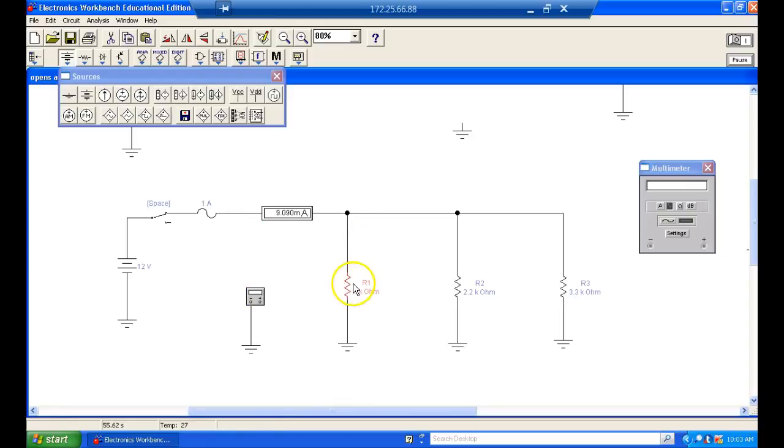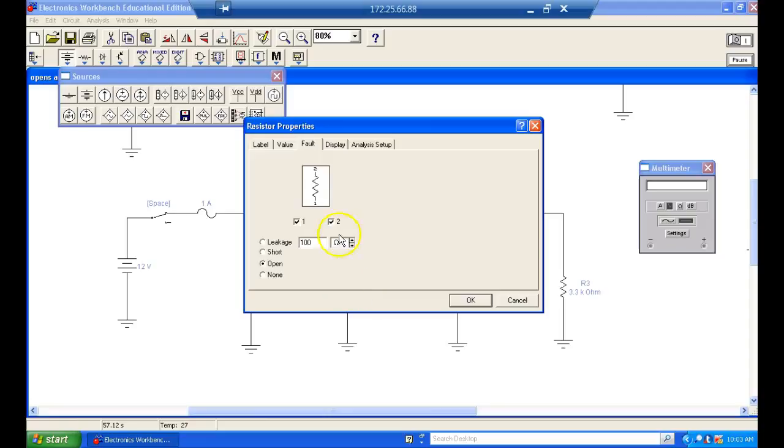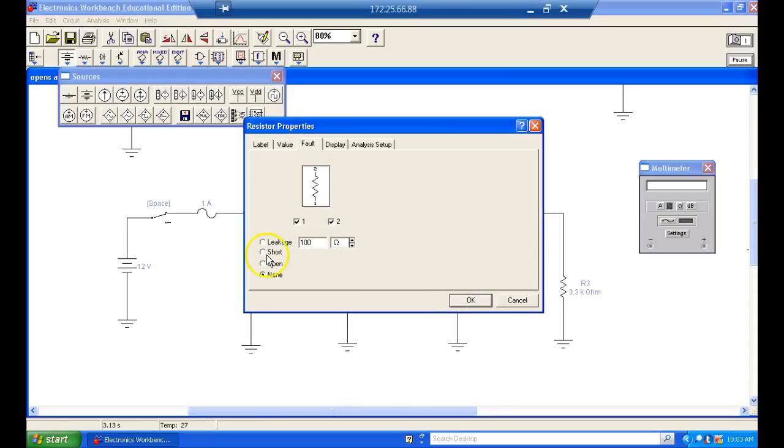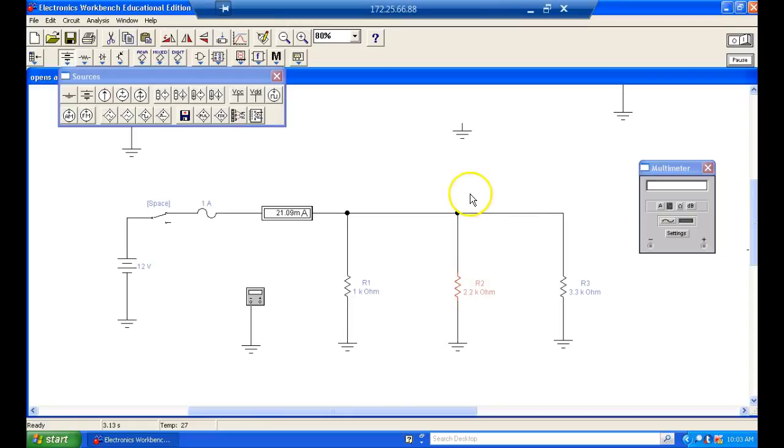So I'll come up here and take this one out here. So none. And then we'll open this one. This is still not an open circuit. But the current drops down, see, so in a parallel circuit, the smallest resistor does the most work.